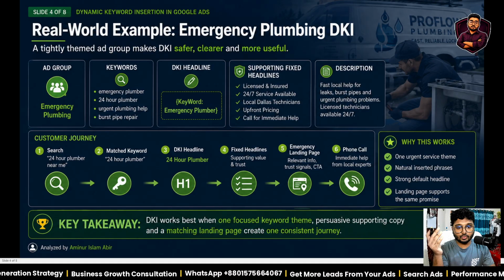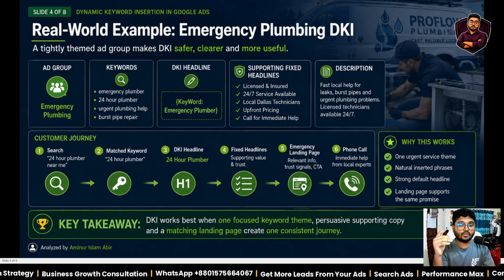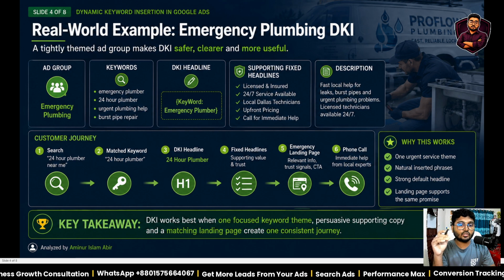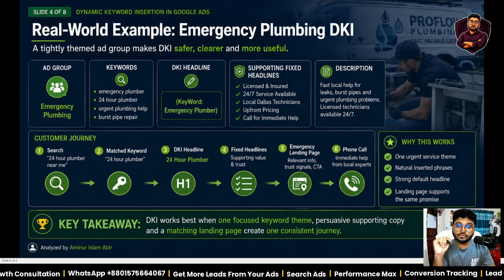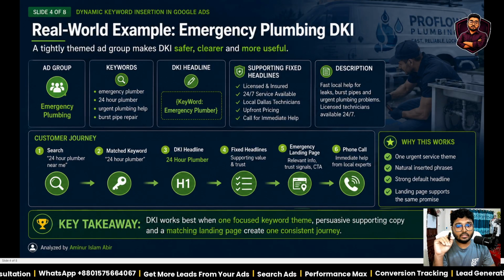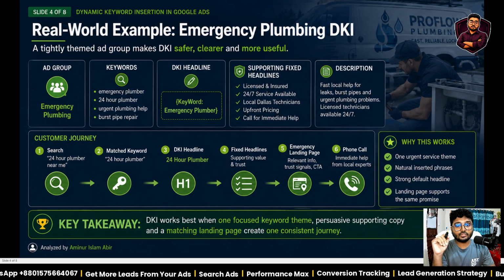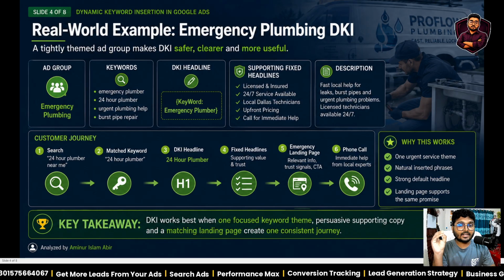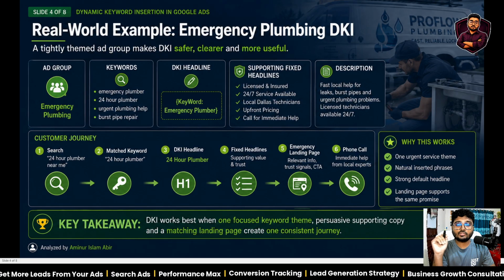Supporting headlines include licensed and insured, 24/7 service available, local Dallas technician, upfront pricing, and call for immediate help. The description says fast local help for leaks, burst pipes, and urgent plumbing problems. Licensed technicians available 24/7. Now imagine the customer searches 24-hour plumber near me. The matched keyword is 24-hour plumber.